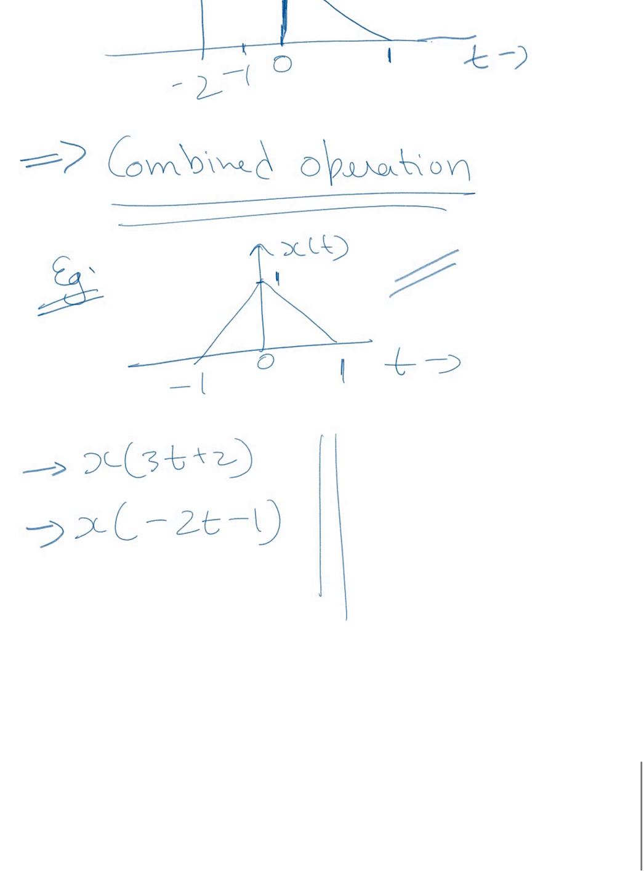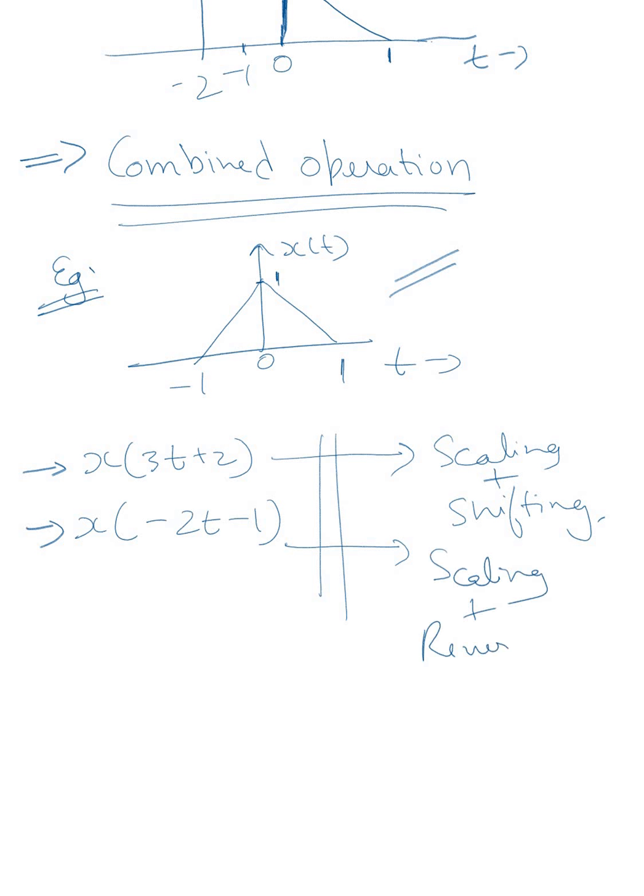So clearly this comprises scaling plus shifting. In the second scenario, minus 1 refers to shifting, 2t refers to the scaling, and the minus sign with respect to the independent variable t refers to the reversal. So this consists of all three operations, that is scaling, reversal, and shifting.